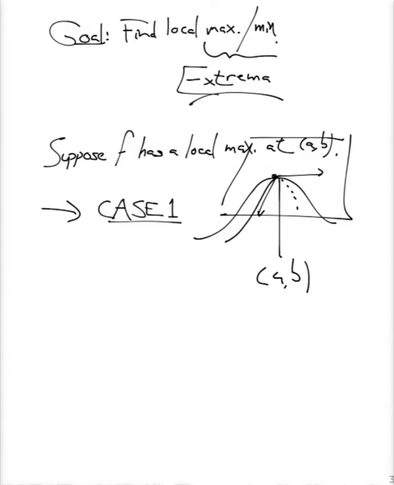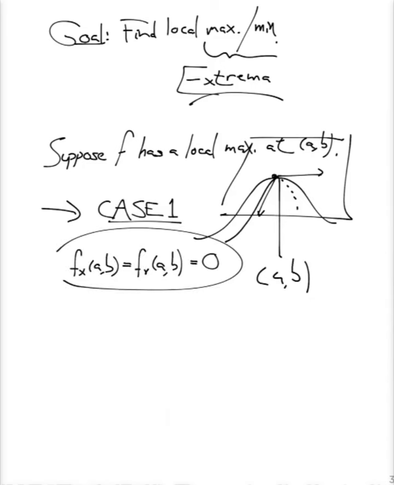So case 1, if the partial derivatives exist, we conclude that partial derivatives must equal 0. That is, f sub x and f sub y evaluated at a comma b are both 0. That's case 1, and it is a straightforward generalization of the single variable case that we reviewed briefly above.